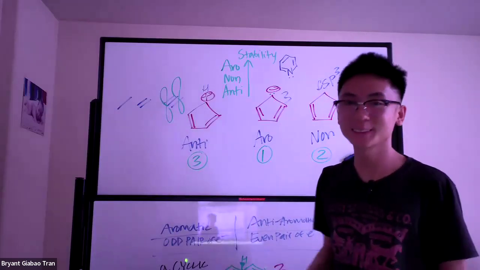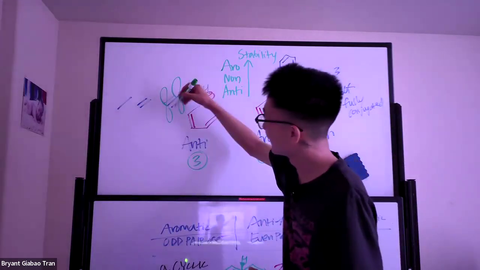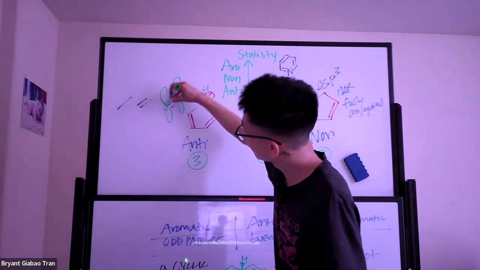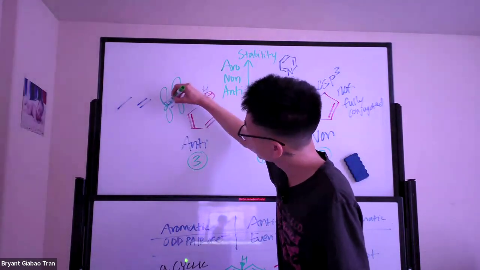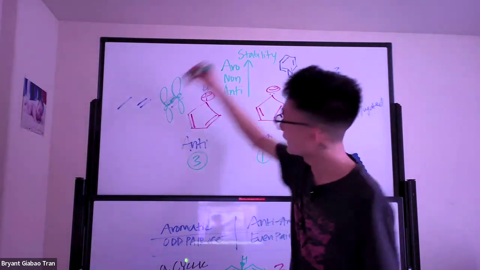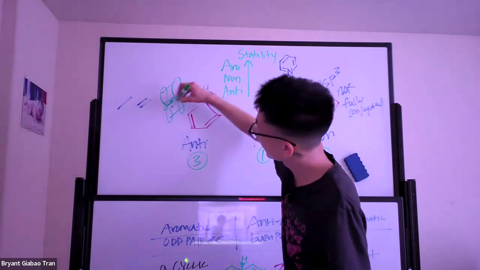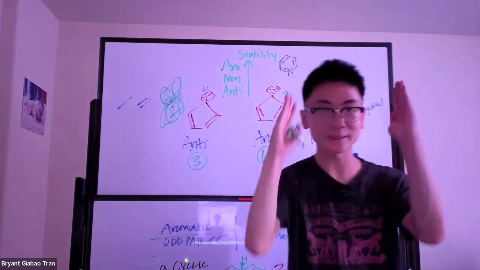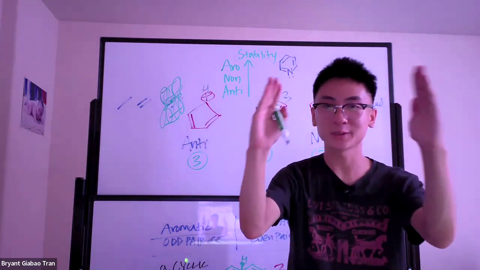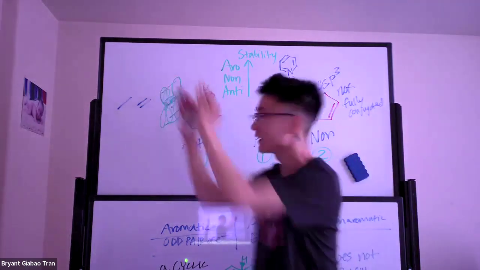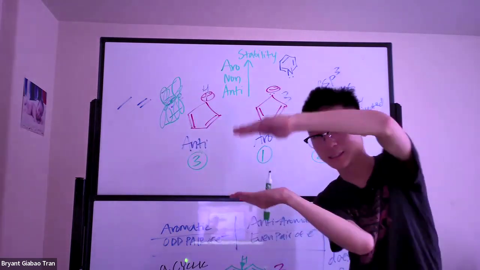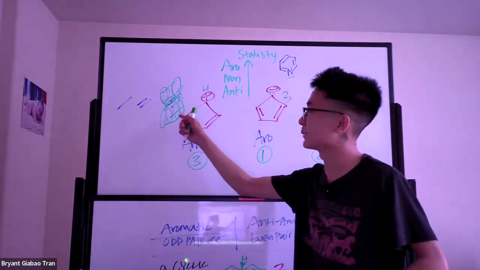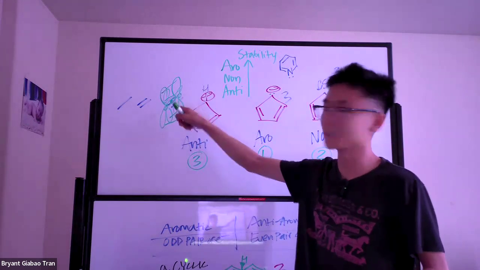My reasoning is that it has more bonds to break. It has more bonds, where one of the bonds is an sp orbital overlap, the other bond is a p orbital overlap, and the other one is another p orbital overlap, where the p orbitals have to be parallel. The first p orbital overlaps vertically, the other p orbital overlaps horizontally, and the other bond is just an sp orbital overlap.